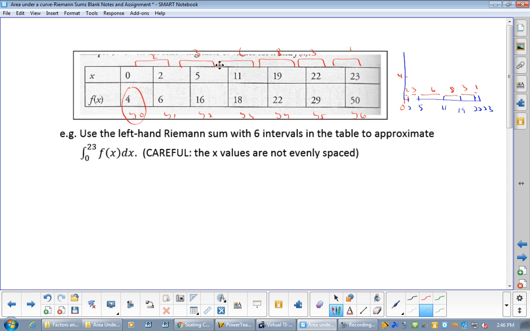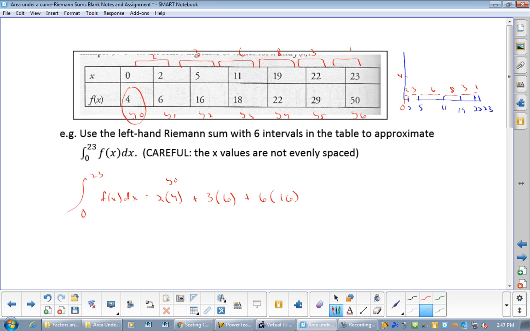Let me write this one out. I've got the integral from 0 to 23 of f of x dx. My width in the first one is 2 times the left, y0 is 4, plus 3 is the next width times the height of y1, which is 6. Plus the next width is 6 in y2, that's 16.